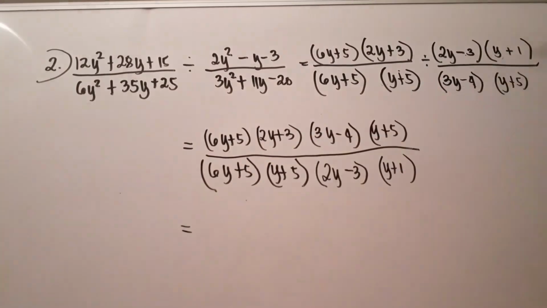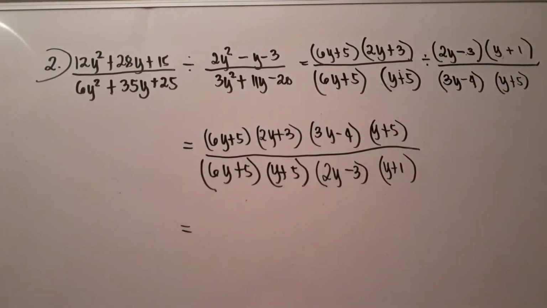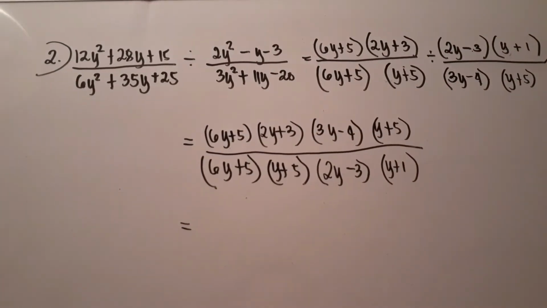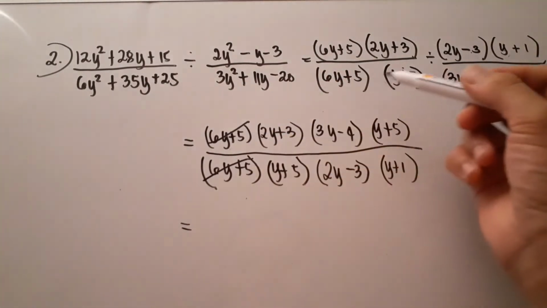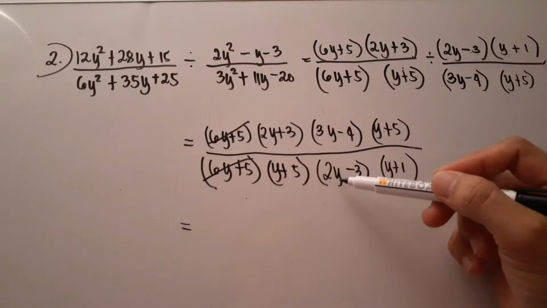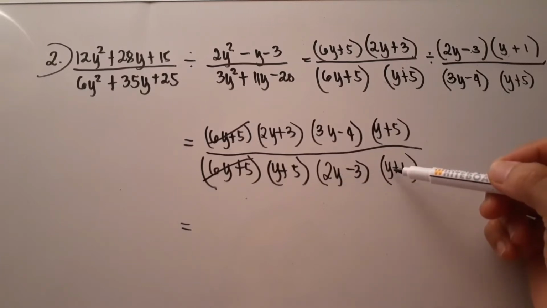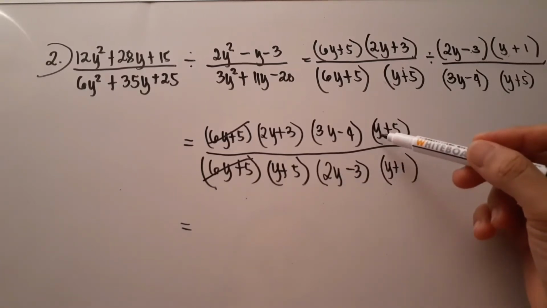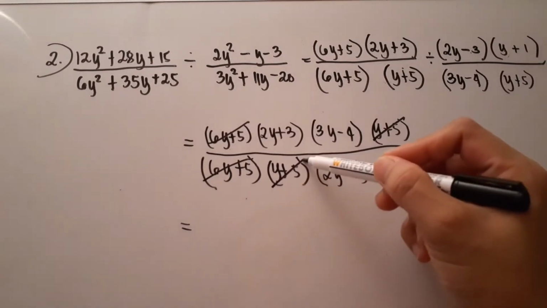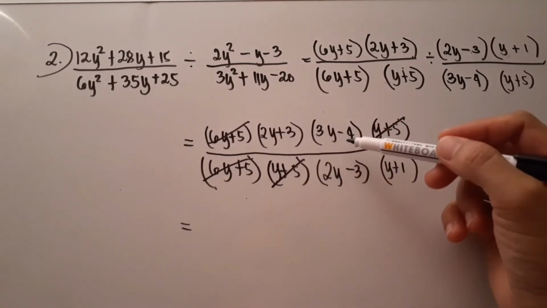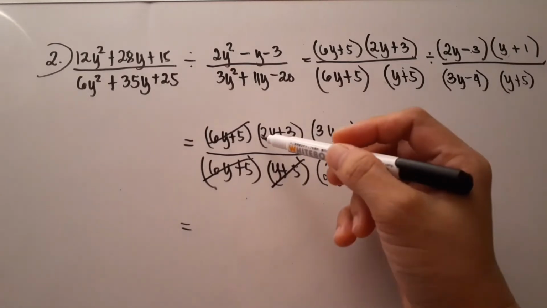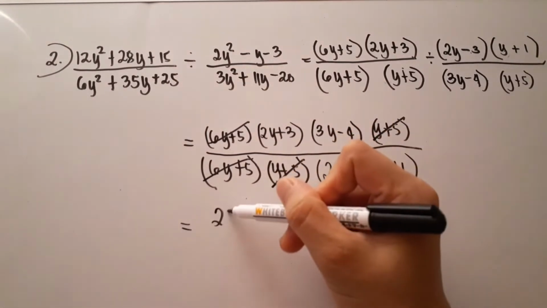In simplifying this one, we cancel out the common factors. We have 6y positive 5, and since we have y positive 5, they cancel out, and the remaining is 2y positive 3, 3y negative 4.